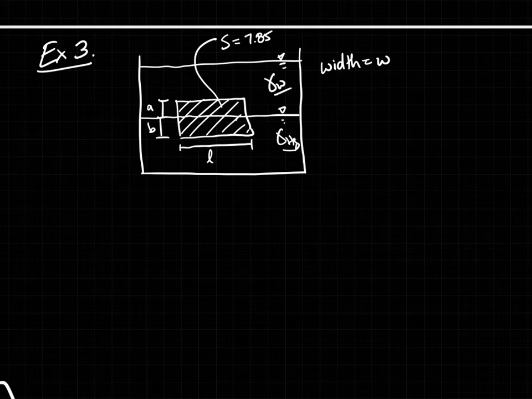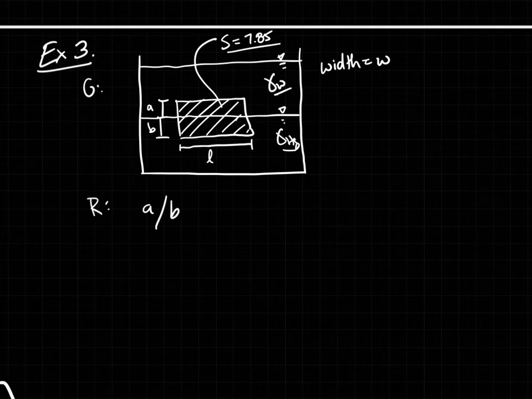It's got a specific gravity of 7.85. Obviously water has a specific gravity of 1, mercury has a specific gravity of 13.6. So somewhere in between, this thing is going to float. This is given, and what we want to know is the ratio of A over B. Mathematically this is a little bit annoying, but it's really important that you're able to get the concepts here. So the solution.